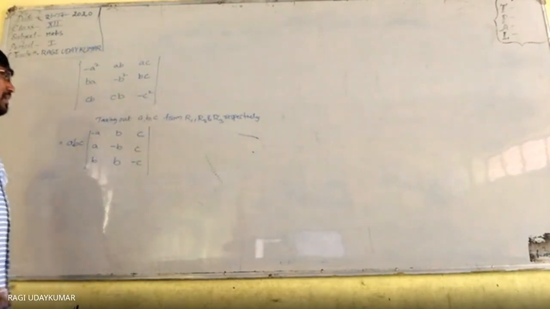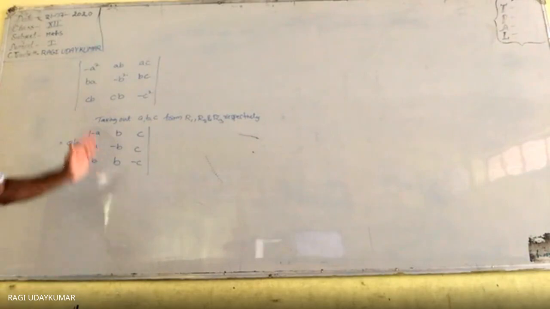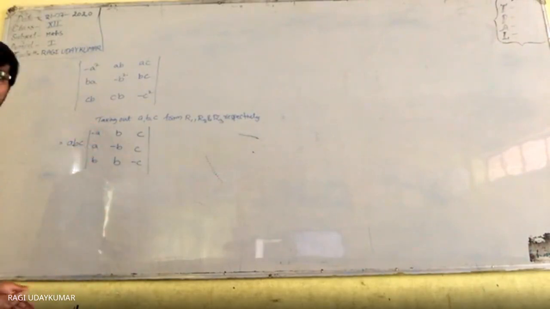If you observe properly, the first column contains a, the second column contains b, the third column contains c.